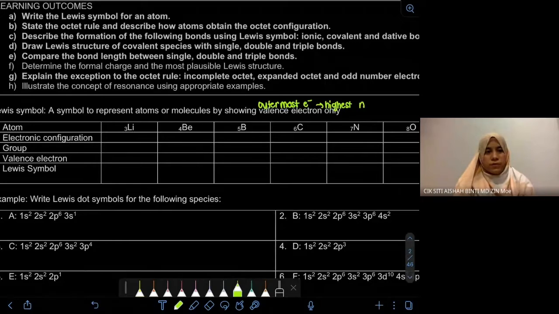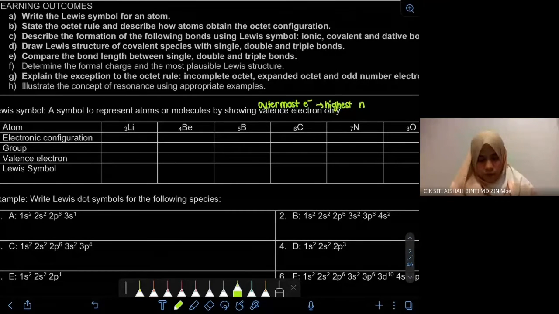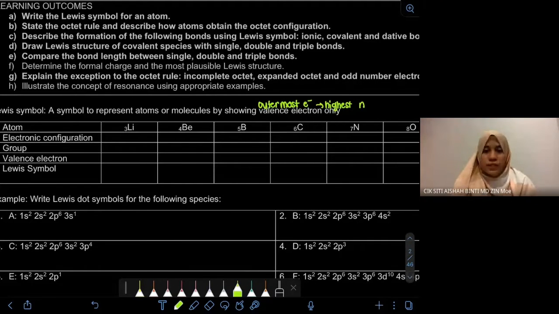Okay. So sekarang ni apa yang Miss share dekat sini is actually atom from your element in period 2. Okay, so period 2 ni from lithium until lah kita punya neon tu is actually until group 18. Okay, so kita buat yang ini dulu. So how we gonna draw the Lewis symbol? First is actually you have to know what is the electronic configuration.